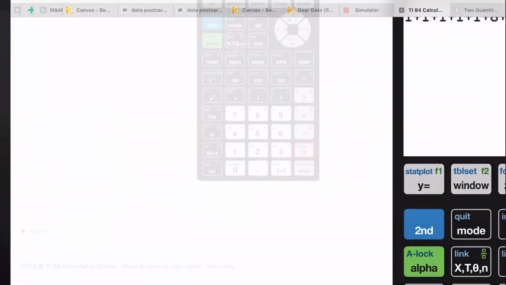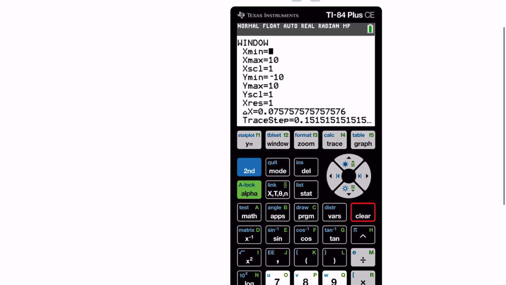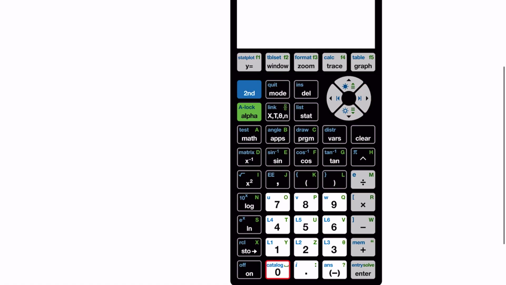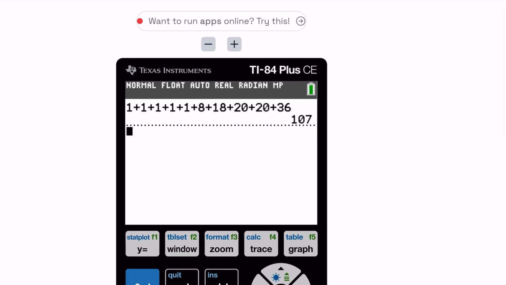So let's add those to what I'm adding here in my calculator. So we had 20 plus 20 plus 36. Press enter. Okay, so this 107 number is my total. It's what I get when I add all the numbers up. But I'm not done yet.